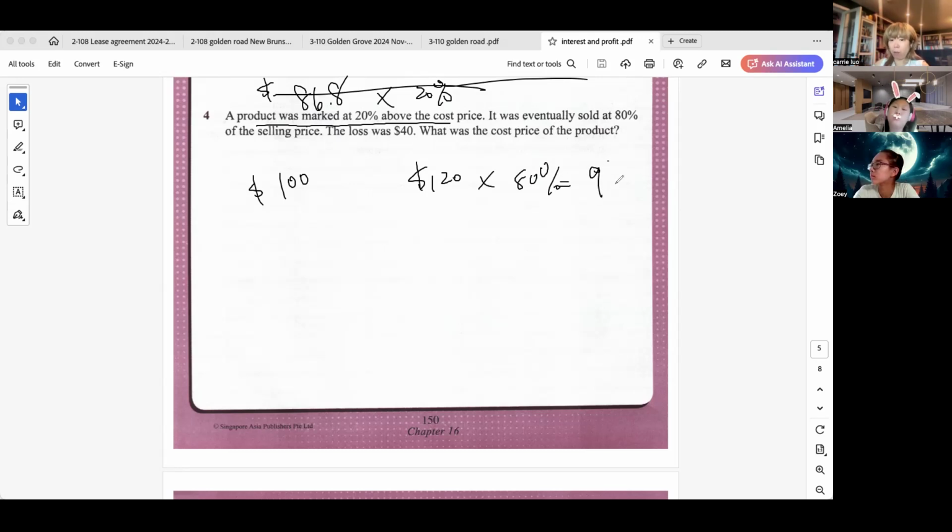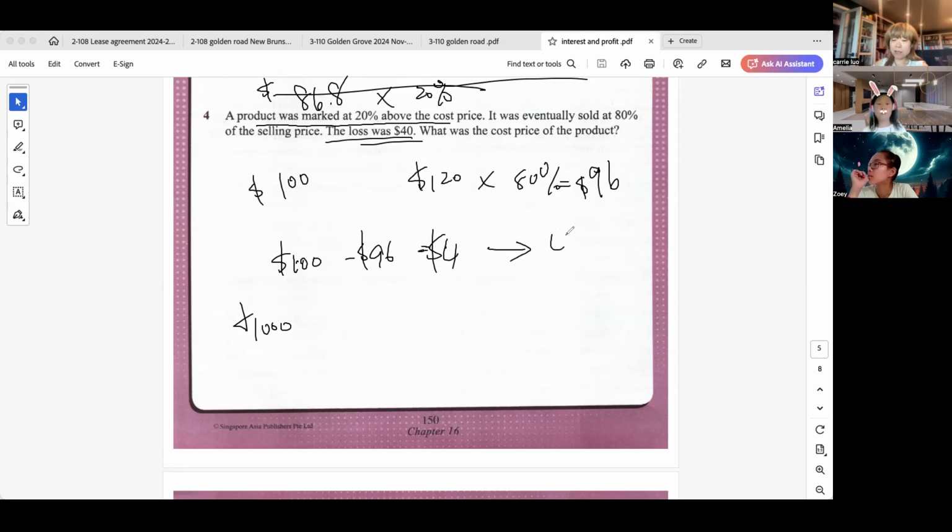等于多少？$96，对不对？好了，如果我是卖100块钱，最后我96块钱买的，我应该损失多少钱？我应该损失4块钱，对不对？但是我现在损失的是40块钱，那说明什么？40到4块到40是不是乘了10倍啊？那我这个都是10倍。Original cost is 1,000.